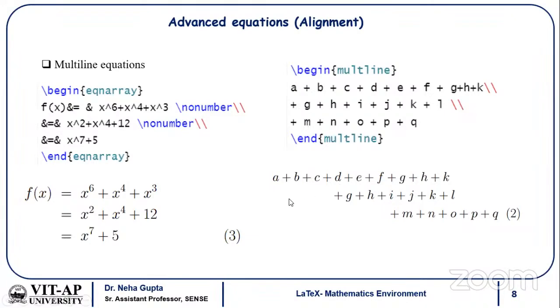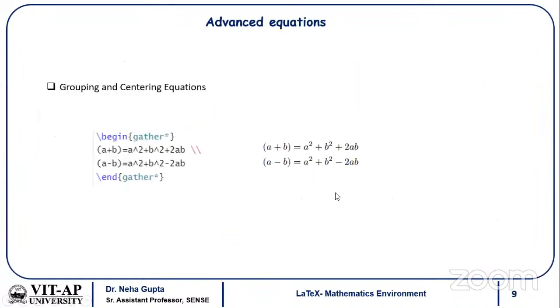If you want to remove space, you can use the space command. And the third way of representing the multi-line equation is with the help of the gather command, where you can use the symbol of asterisk. If it is not written, your equation numbering will come.